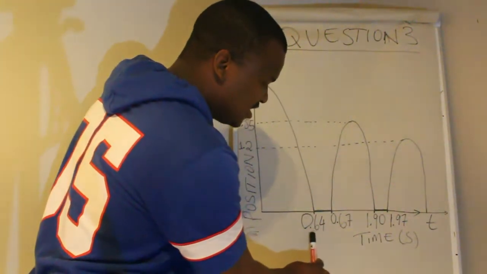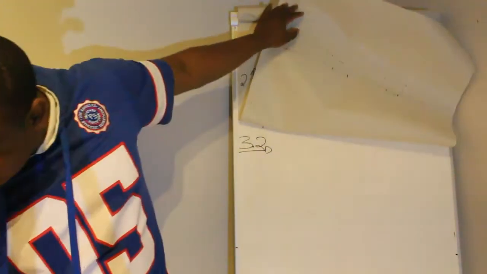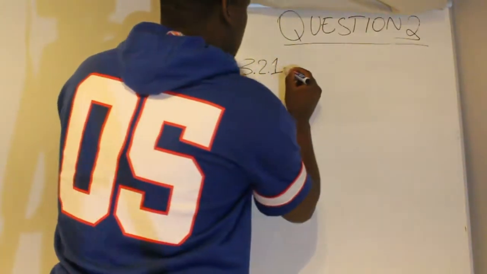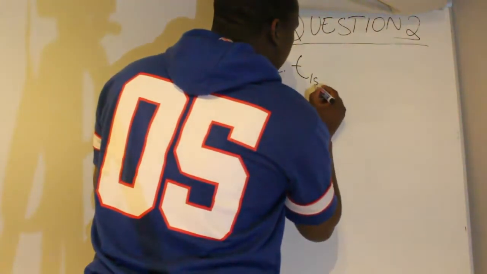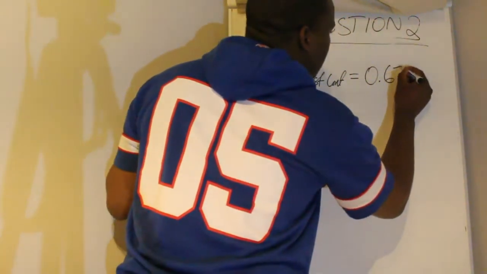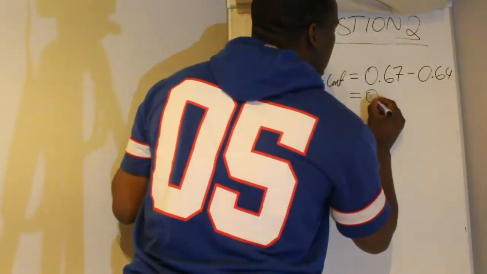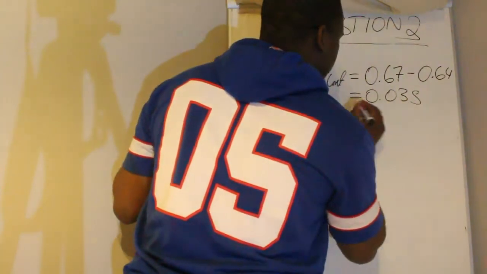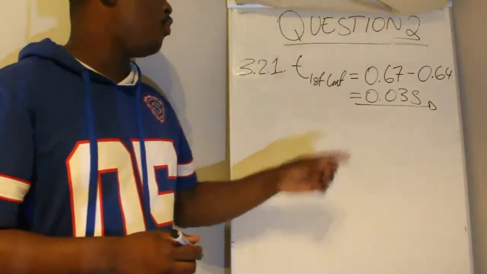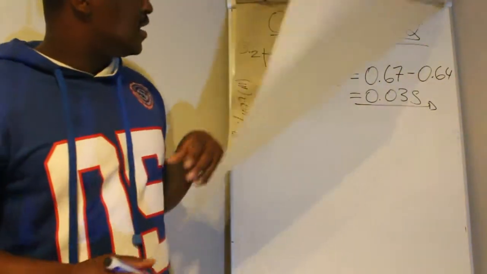The time of arrival is 0.64. So to answer our question, the time of the first contact: T first contact is equal to 0.67 minus 0.64, which is equal to 0.03 seconds. So this is the time in which the ball is in contact with the floor for the first time. So let's go to the second question.